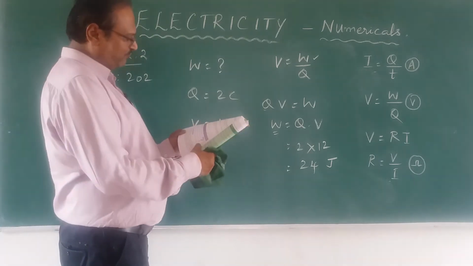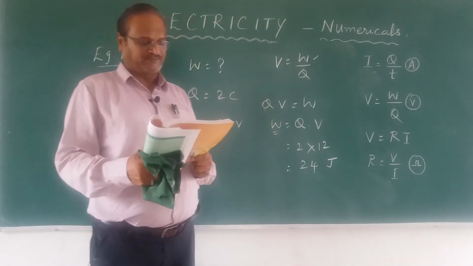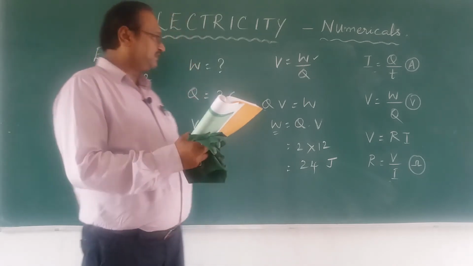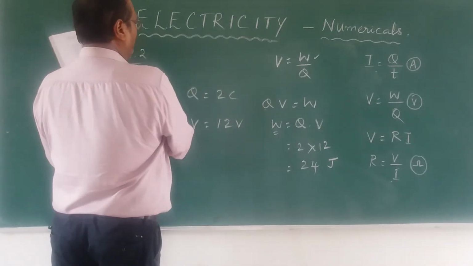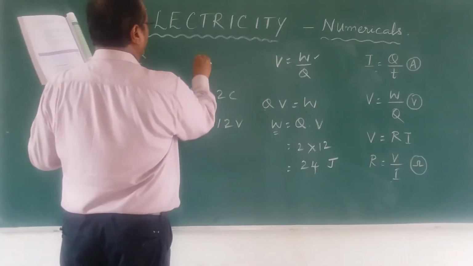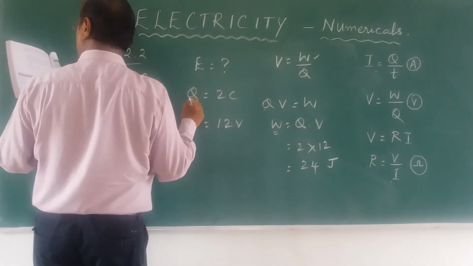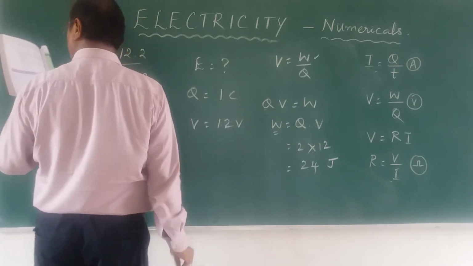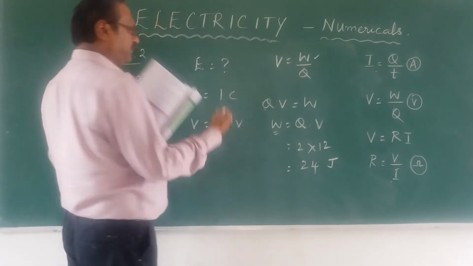Now from here we move on to the next question, that is the third question. How much energy is given? In this case, instead of work done, they are saying energy. Energy is given for 1 coulomb charge, and the battery voltage is 6 volts. Very simple.